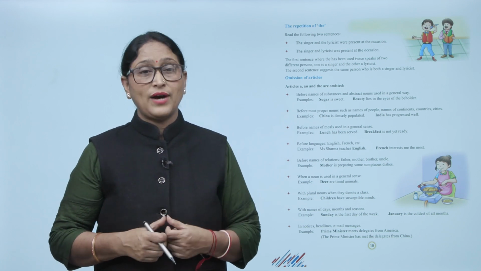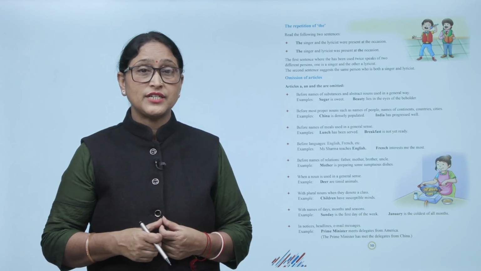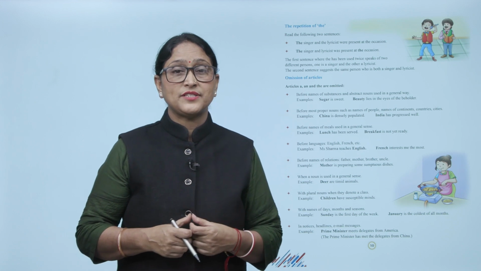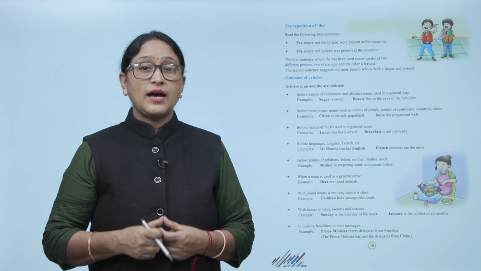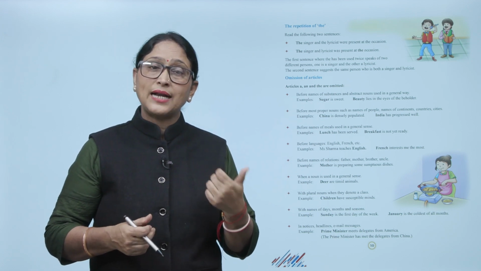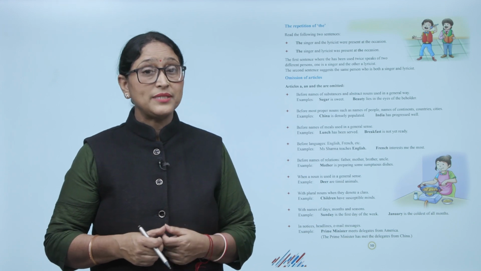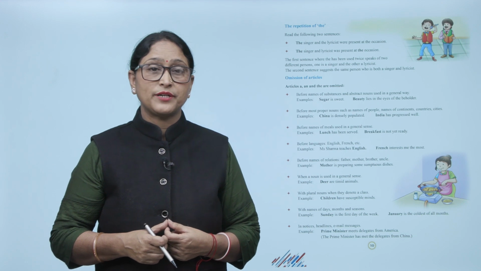Now omission of articles. Articles a, an and the are omitted before names of substance and abstract nouns used in a general way. अगर abstract noun general way में use हुआ है तो उससे पहले हम articles का use नहीं करेंगे. Examples: sugar is sweet. Beauty lies in the eyes of the beholder.